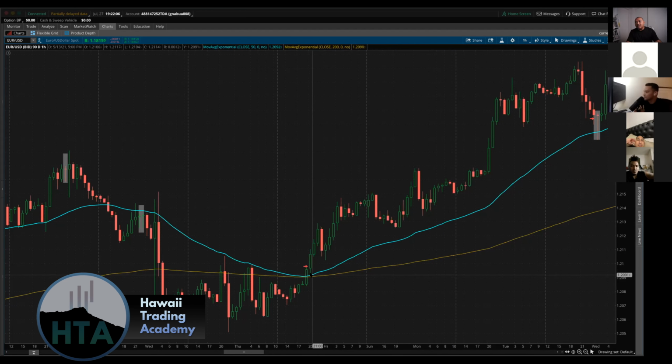So anyway, we can see that price, it looks like the blue EMA was gonna cross the gold EMA, but they were just very touching. But price was dipping down and then it closed up. And so a lot of people use this strategy like if my 50 crosses my 200 in whatever direction, I'm going to go in that direction. So it looks like the 50 starts to separate from the 200 and they're both trending upwards.